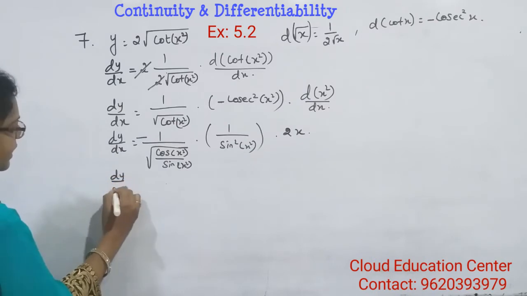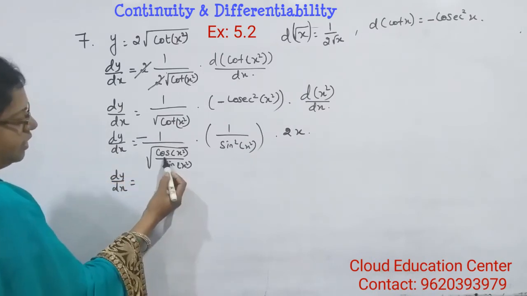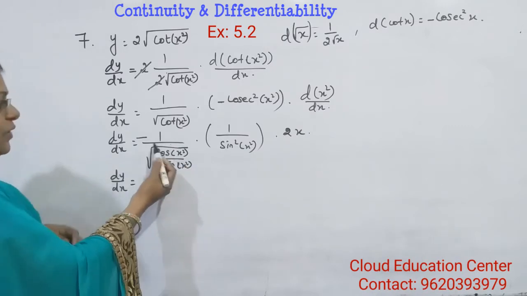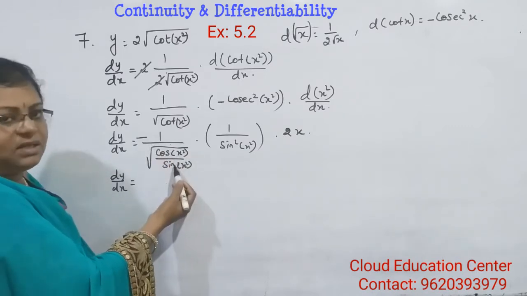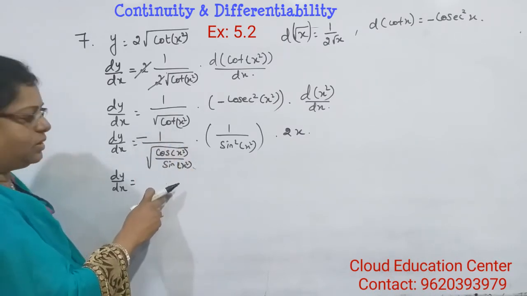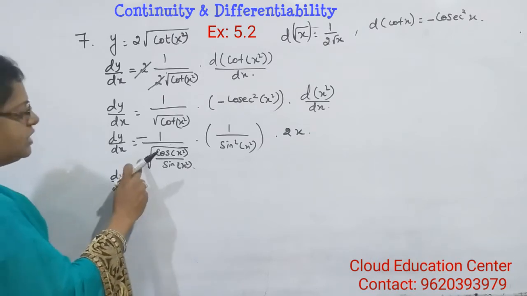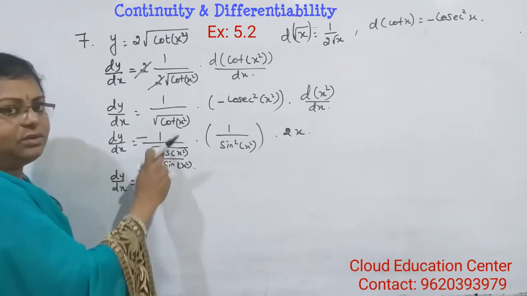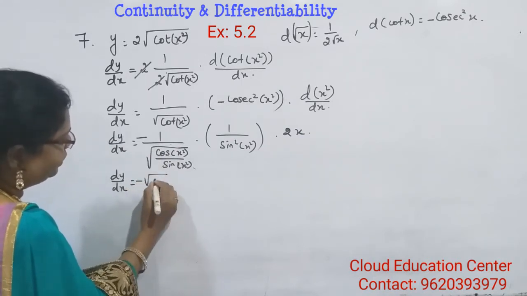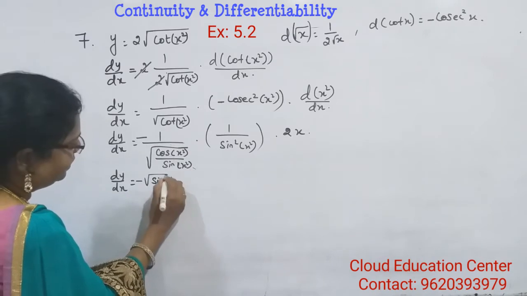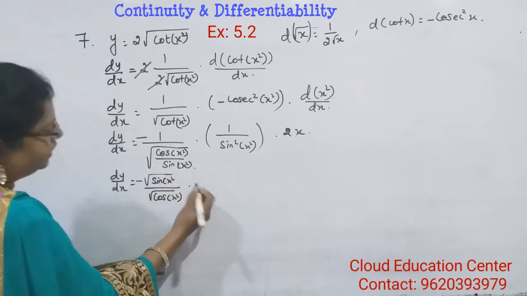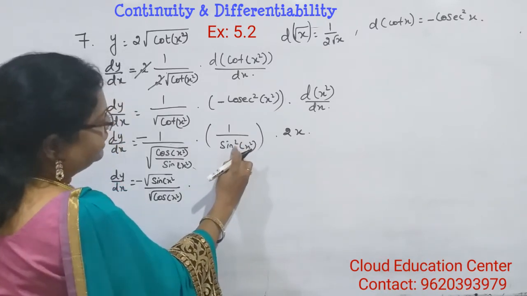So dy by dx. Now this entire root comes as a denominator. When we have a main division and under that a subdivision, we can write it as a reciprocal multiplication, that we are going to substitute now. And one more thing we are doing is splitting this common root into 2 different roots: root of sin x square divided by root of cos x square, into sin square x square.